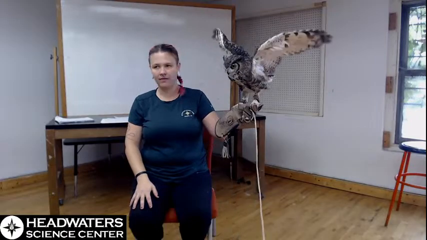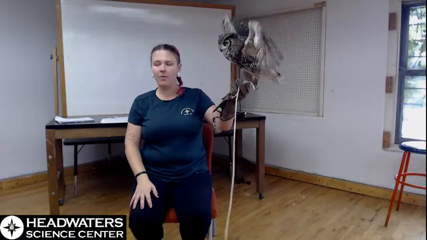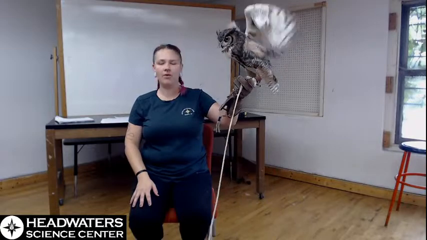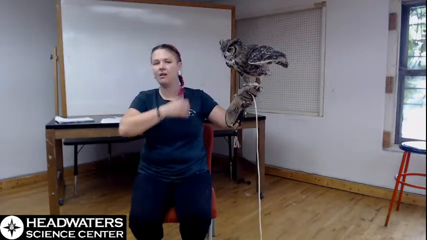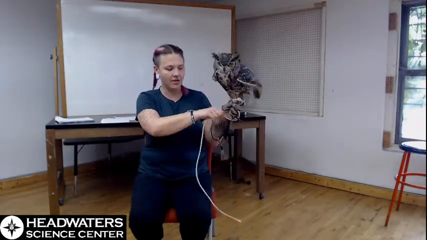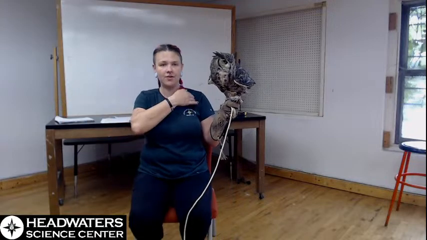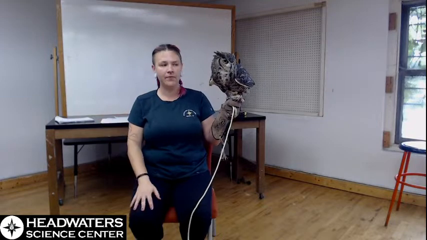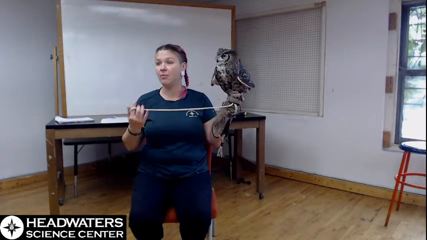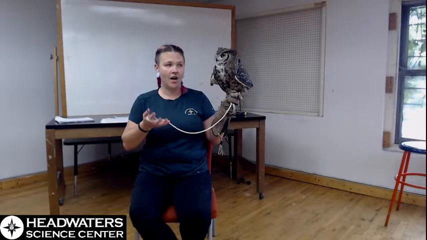All right. So you might be looking at Oswald and you go, well, he's got both of his wings, he looks pretty healthy, what's up with him? He's a little different than the first two birds. The first two birds have physical injuries that make it so they can't fly. Oswald is actually an imprint, so he imprinted on humans.